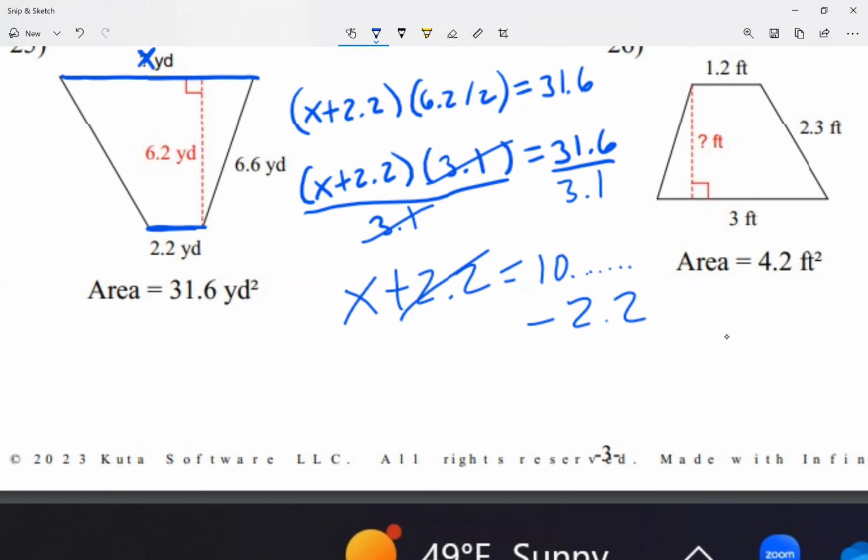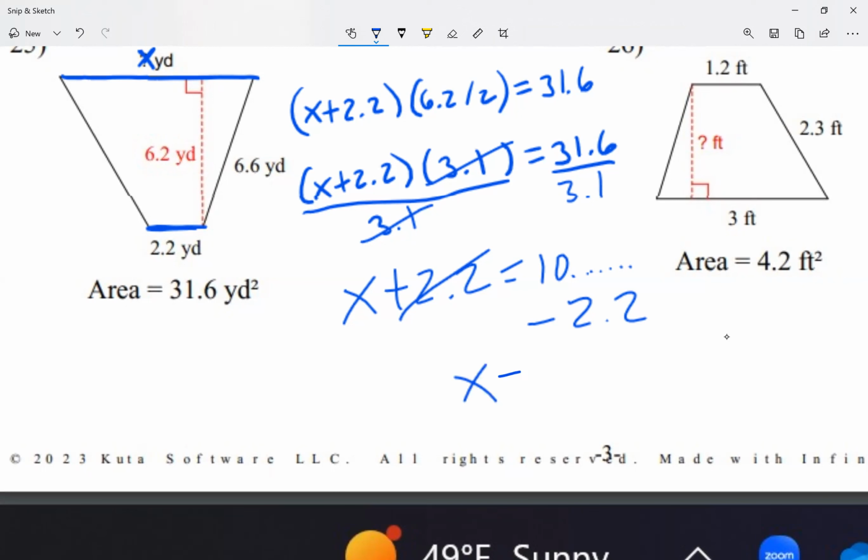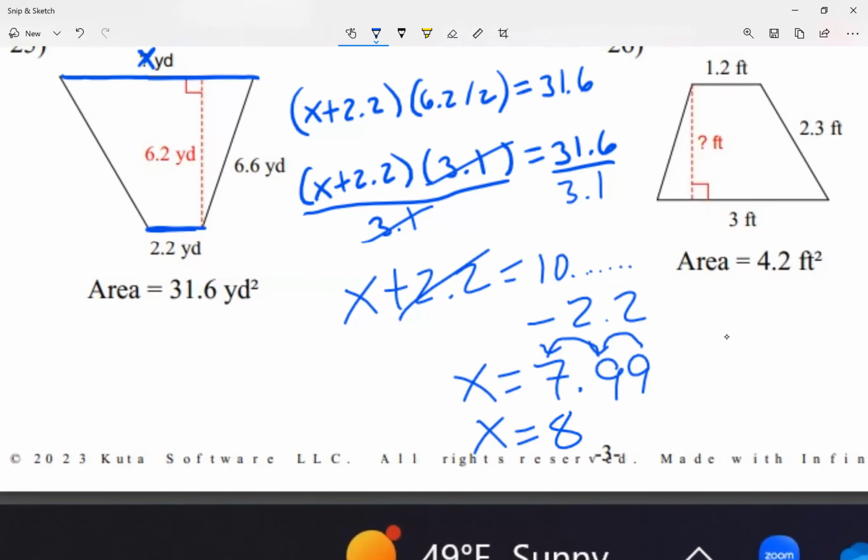So let me just press minus 2.2. According to my calculator, 7.99. So right now, I have 7.99. There's other numbers, but 99. Had to round it to 1 decimal place. This 9 pushes this 9 over, but because this 9 is at the limit, this 9 pushes this 7. So my answer is x equals 8.